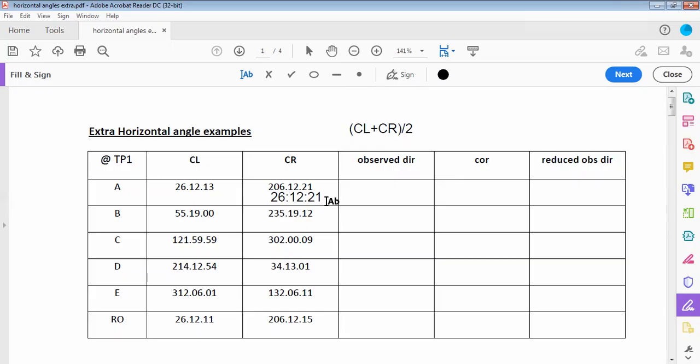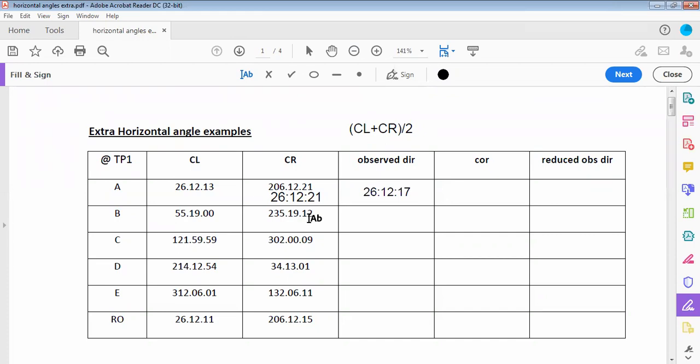So we say 26 degrees, 12 minutes, and 13 seconds, plus your new circle right, 26 degrees, 12 minutes, and 21 seconds. We divide it by 2, and the answer you're supposed to get is 26 degrees, 12 minutes, and 17 seconds. You all get that? I'm assuming you all get that. Okay? We can move on here.